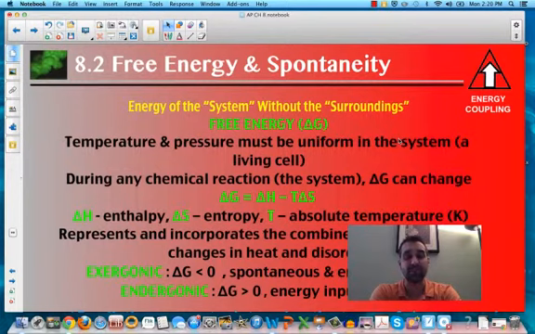Typically, in a system like a living cell, we assume that the temperature and the pressure are going to be relatively uniform, so they don't play too much of a role in what's happening, but we still have to account for the temperature.